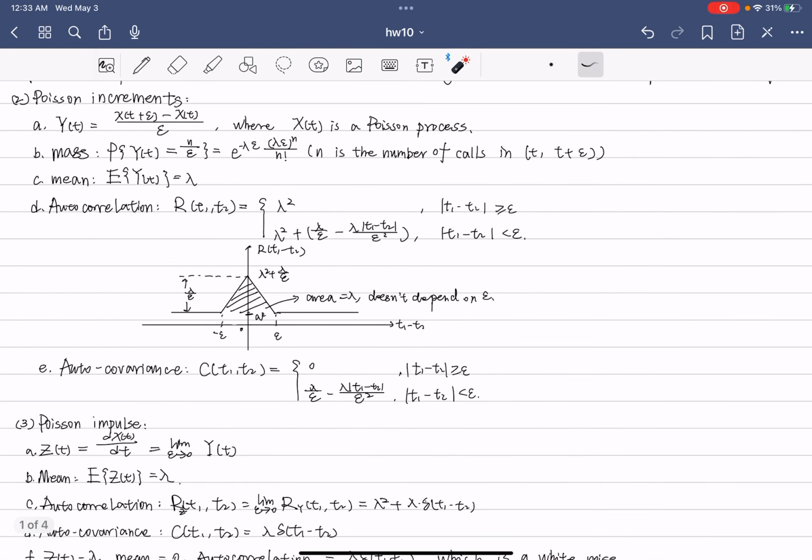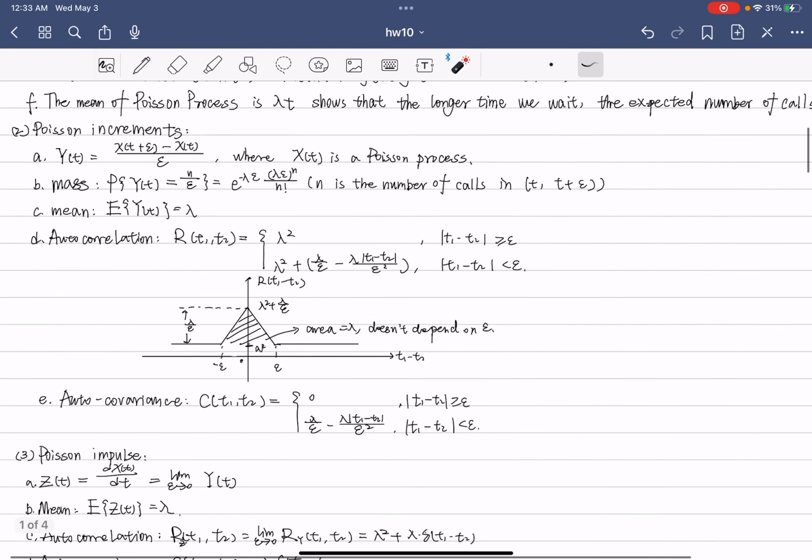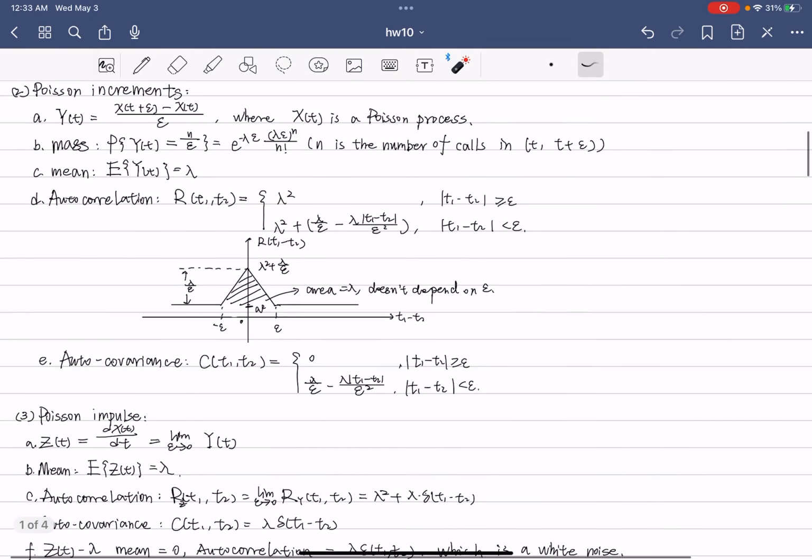The autocorrelation is, when the absolute value of t1 minus t2 is larger than epsilon, lambda squared.